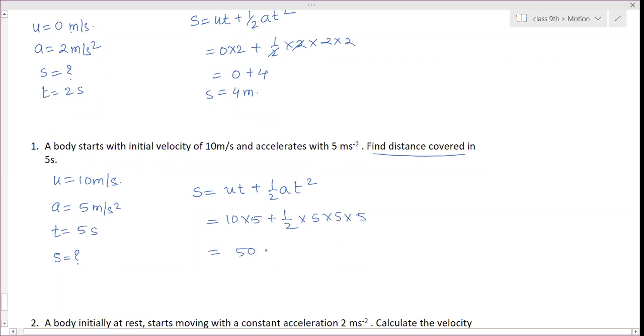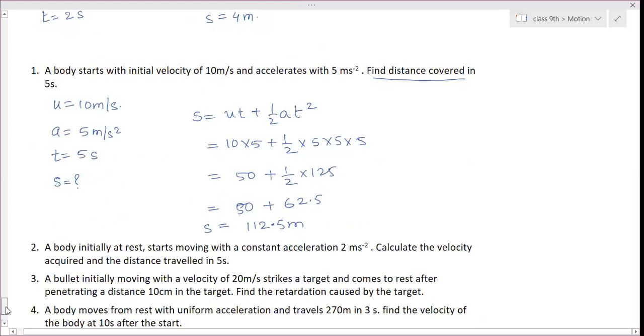That is 50 plus 1 by 2 into 125. 62.5. So it is 112.5 meters. So S is equal to 112.5 meters.